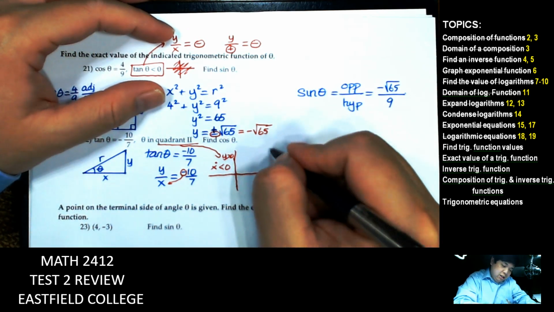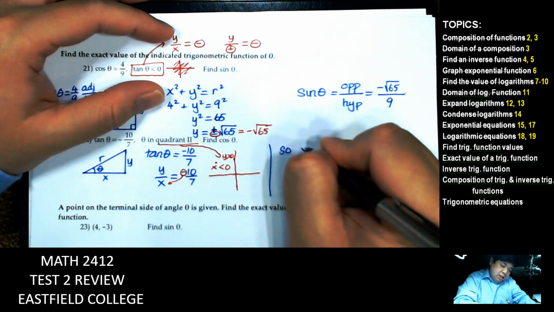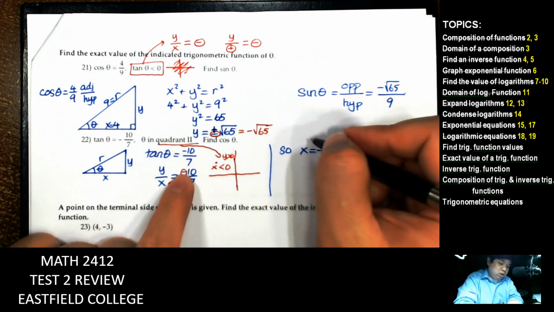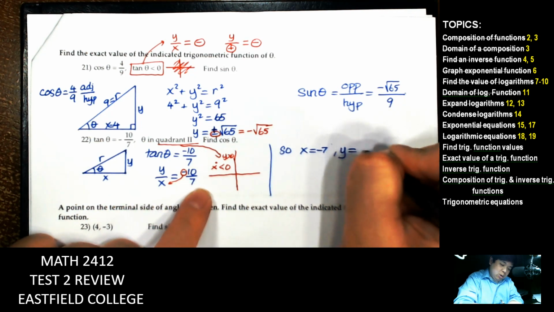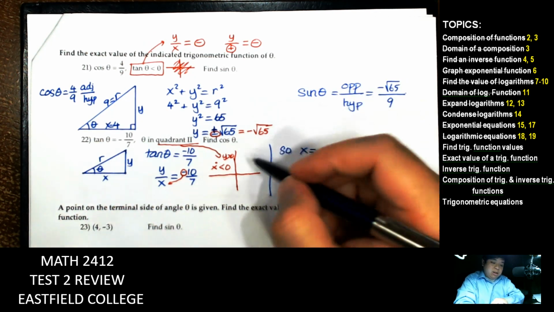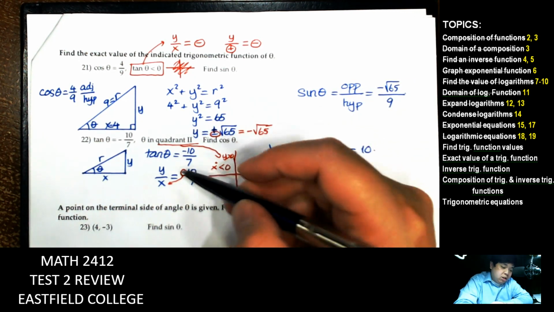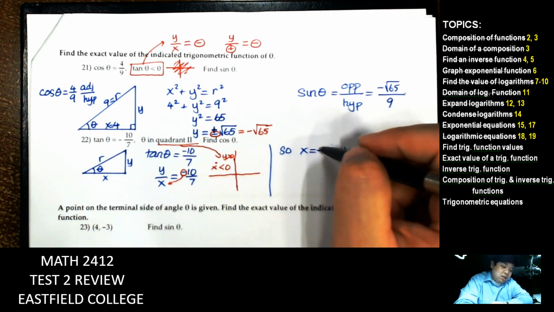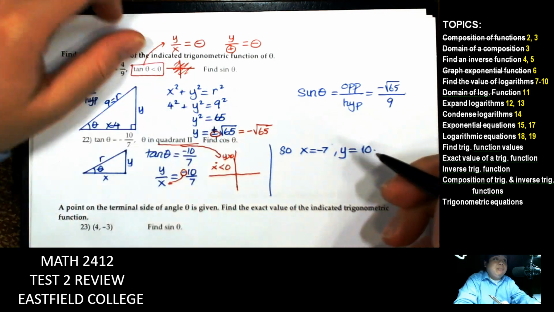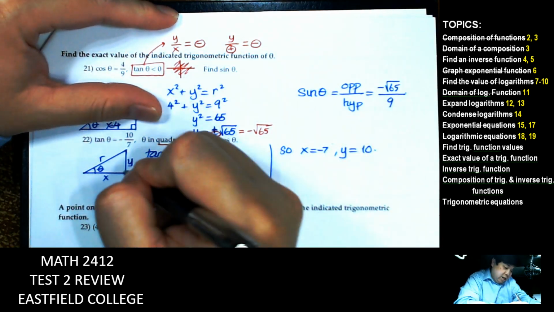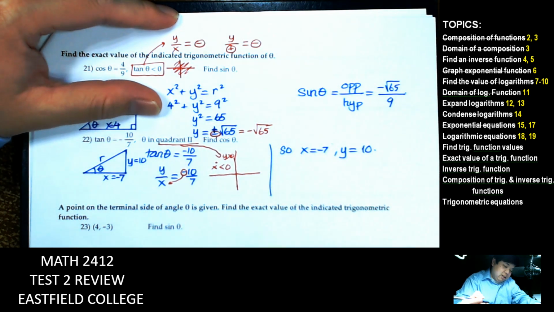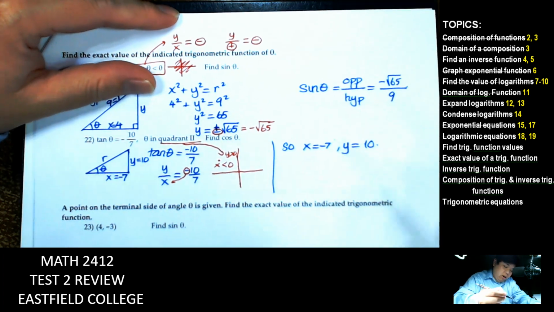So we say x equal to negative 7 at the bottom, 7 but with the negative, and then y is equal to positive 10. Because in this quadrant y is positive, we take the negative away from the y and put that on the x. So y is 10, x is negative 7, and we can find the r.